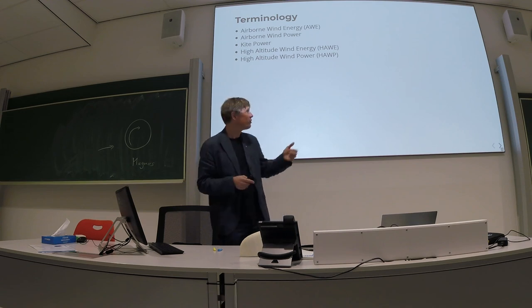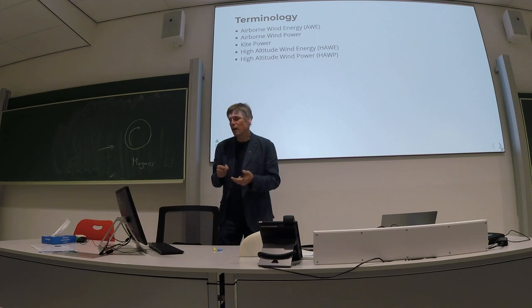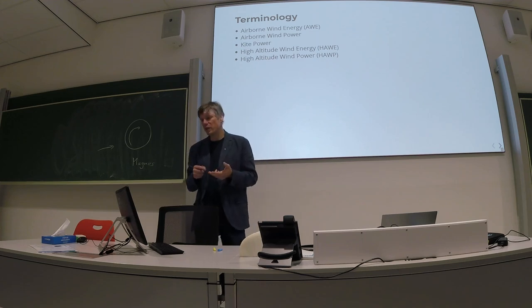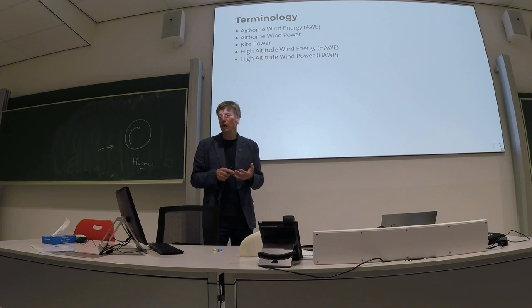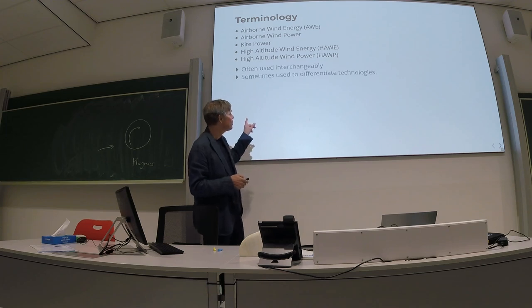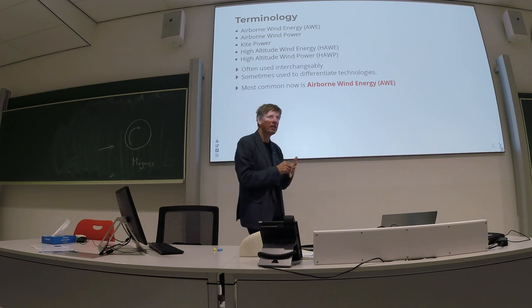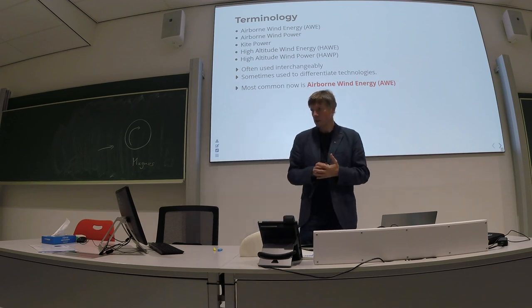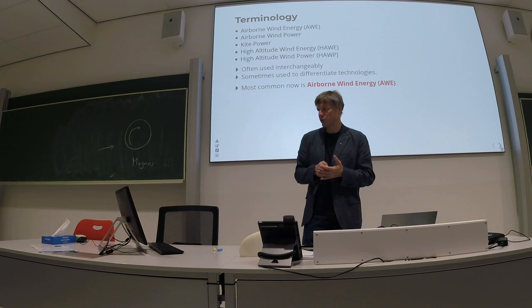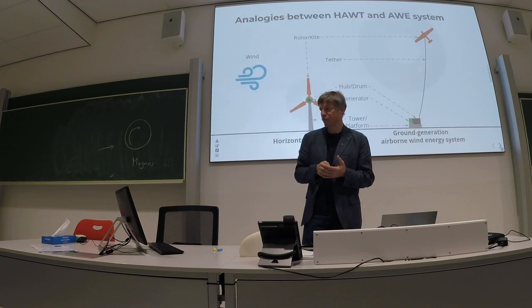You will also find kite power, high altitude wind energy, high altitude wind power. They have all gotten a bit out of fashion, and nowadays we call it airborne wind energy, also to have one single term. But if you read old literature, you might come across these.